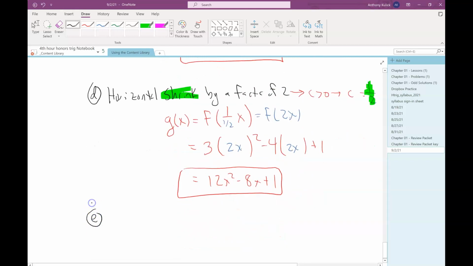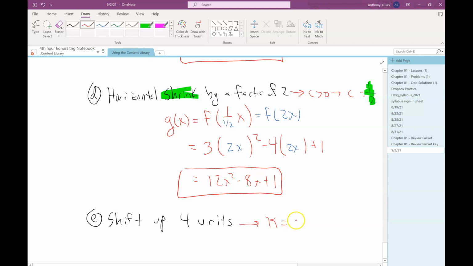Let's see, E. What if we want to shift up 4 units? So since we're talking about shifting and going up, we know that's a vertical shift, so we're talking about a k.